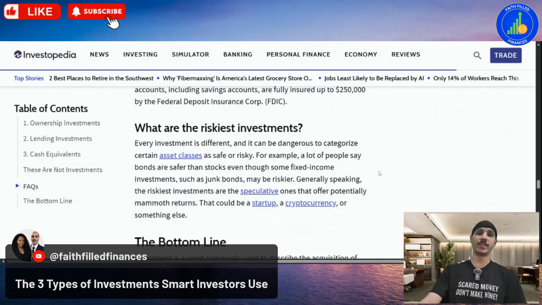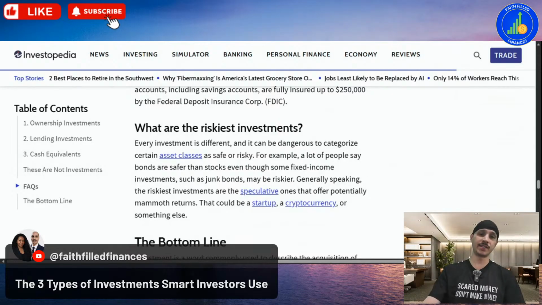What are the riskiest investments? Every investment is different and it can be dangerous to categorize certain asset classes as safe or risky. For example, a lot of people say bonds are safer than stocks, even though some fixed income investments, such as junk bonds, may be riskier.